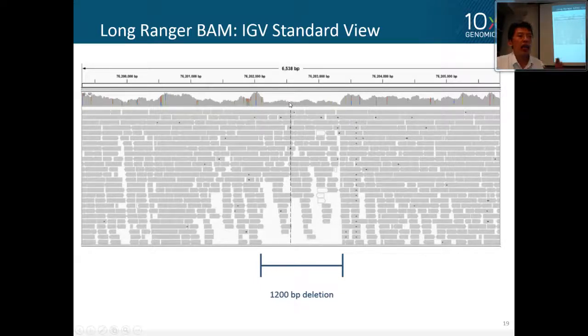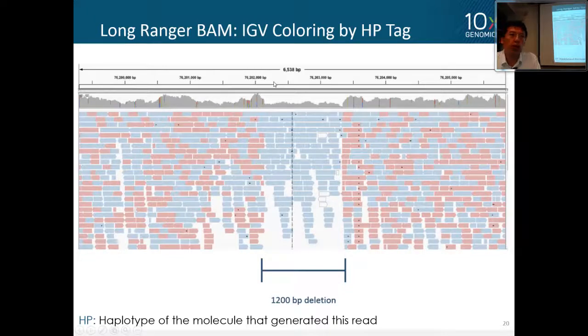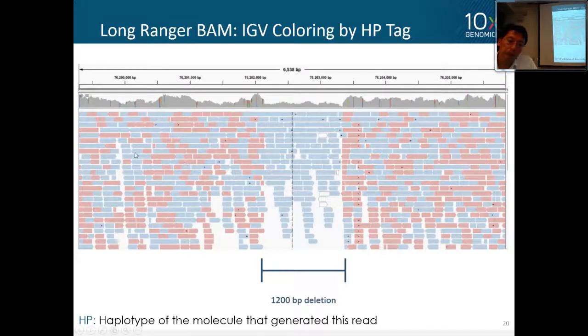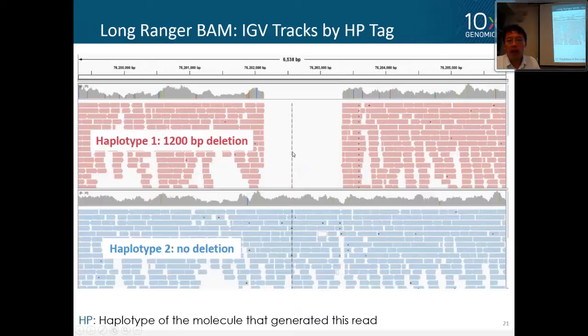But if we do the long-range linked read sequencing, we can recover for each individual read which allele it comes from. Once we map it back to the genome and color code it based on the phasing information, which allele it belongs to, you can see this is the part where only the blue allele shows coverage, none coming from the red allele.